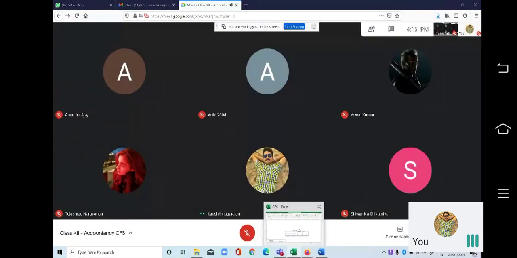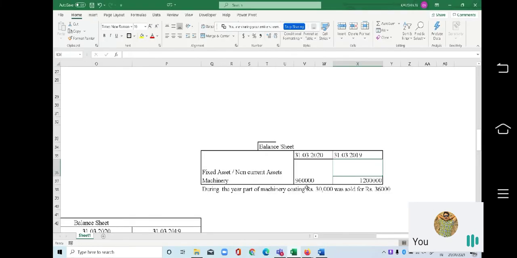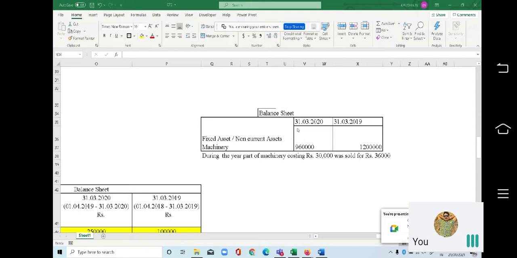Look at the problem and tell me. So what needs to be done in this case? You are given a balance sheet, fixed asset account, you are given machinery, the values. It was mentioned during the year. So what do you need to prepare now?